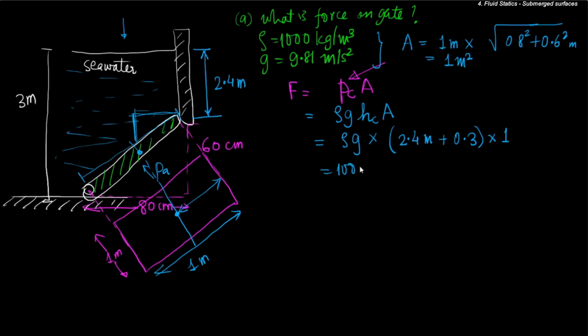So this is 1000 times 9.81 times 2.7 times 1. And if we put all these numbers into our calculator, it comes out to be approximately 26.5 kilonewton.